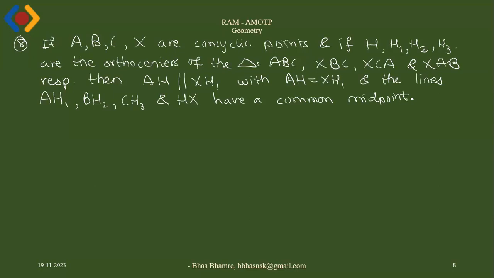What does it mean? I said AH is parallel to XH1; symmetrically, BH is parallel to XH2, and that is equal.